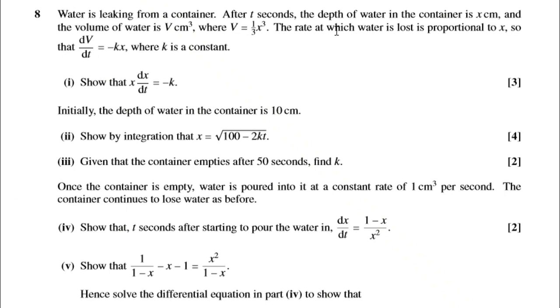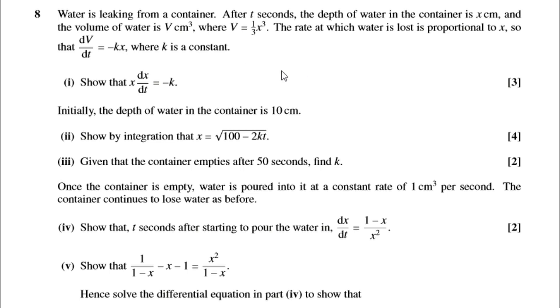So this is a rate of change equation, kind of differential equation, and water is leaking from a container, and after t seconds the depth is x and the volume is v, where the relationship between v and x is a third x cubed. So the rate is proportional to x, and that dv by dt is minus kx, where k is a constant.